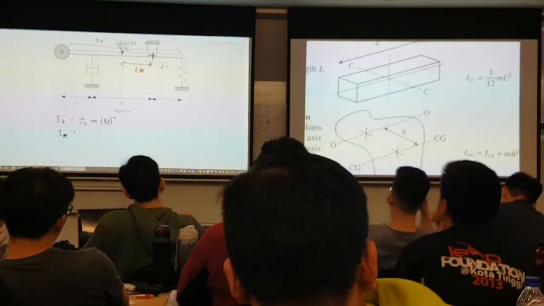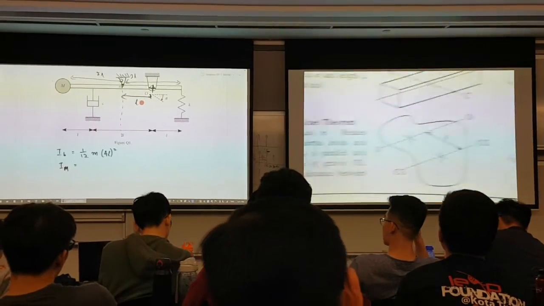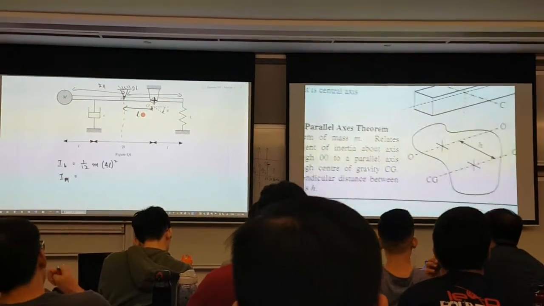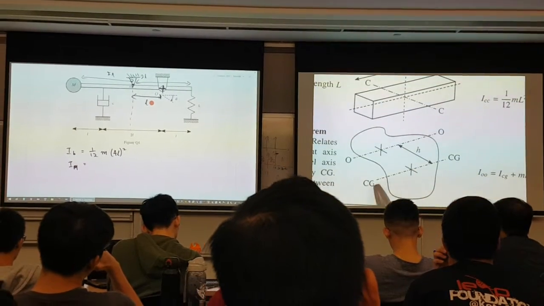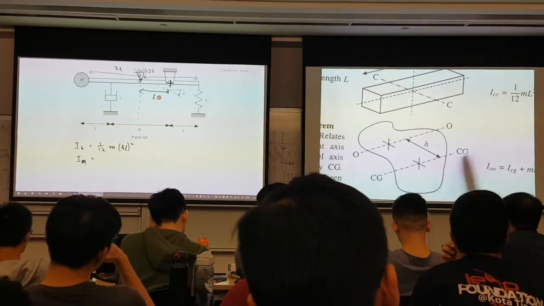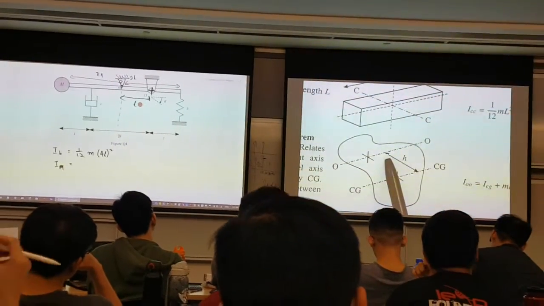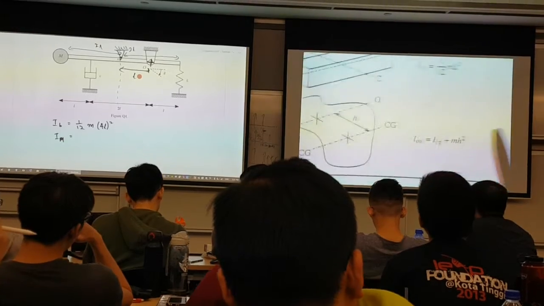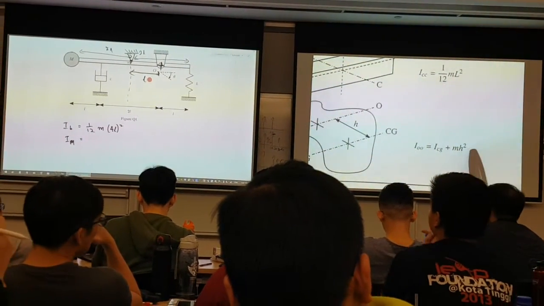Right? So because of that, we make use of the parallel axis theorem. The parallel axis theorem says that if it's not at the centroid, the CG, and you move it to the actual pivoting point, let that distance be h, then you need to add m h squared.